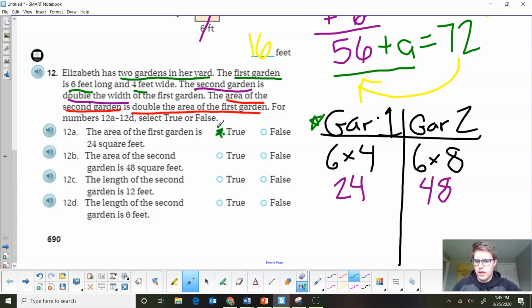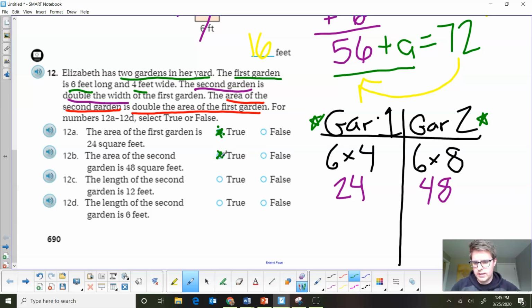Okay. The area of the second garden is 48 square feet. Okay, this one's for you, Willow. Look at garden number 2, and the area's in purple. What do we have? 48 square feet, so that's also true.